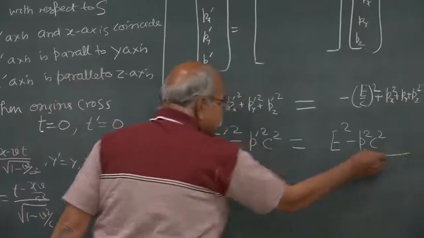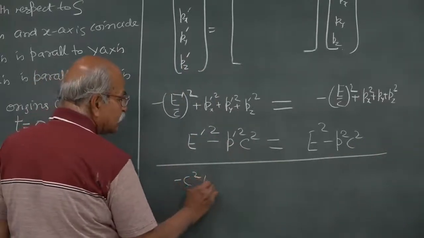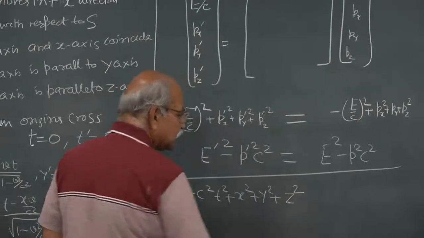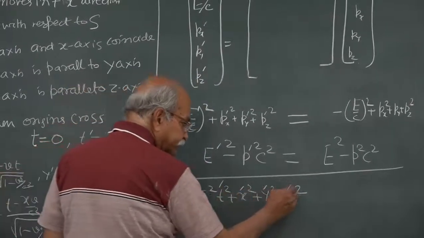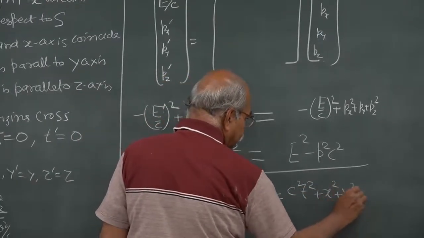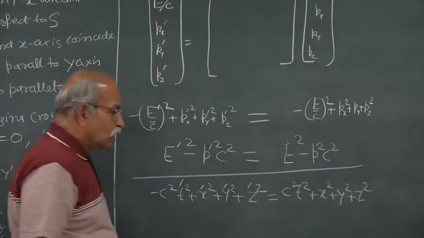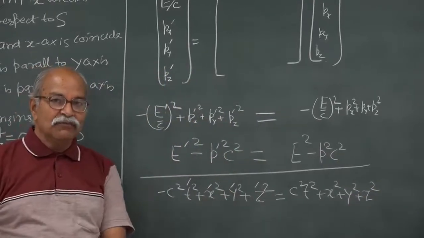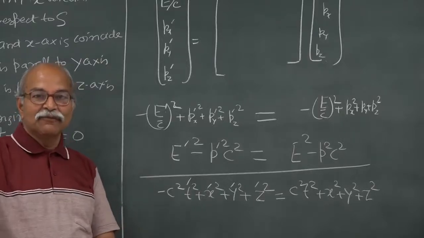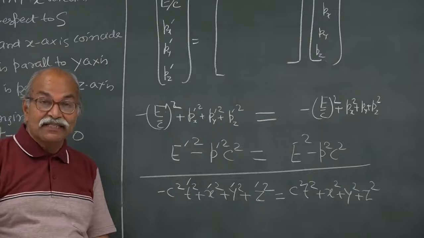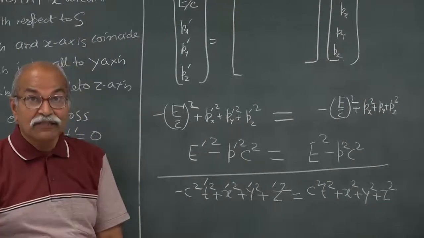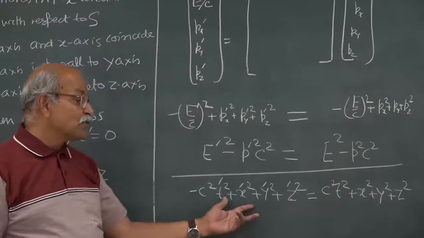Therefore, I can say the same thing for minus c square t square plus x square plus y square plus z square. No matter how you are going from one inertial frame to another inertial frame, whether the axes of the other frame are parallel to the original axes or not, whether the second frame is moving in the x direction or not, this quantity is not going to change.